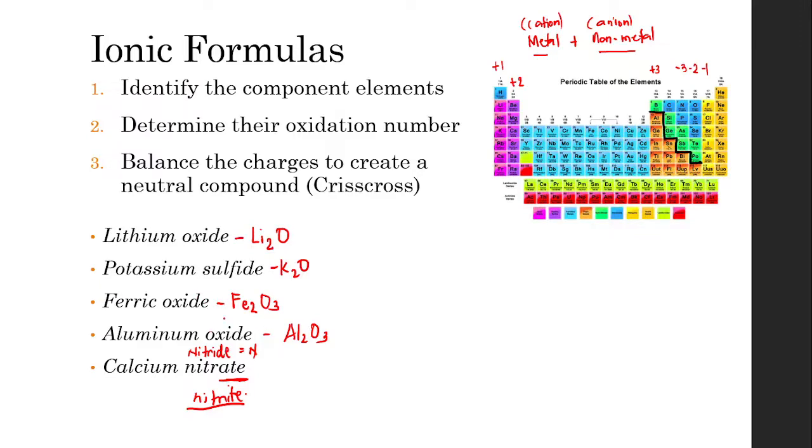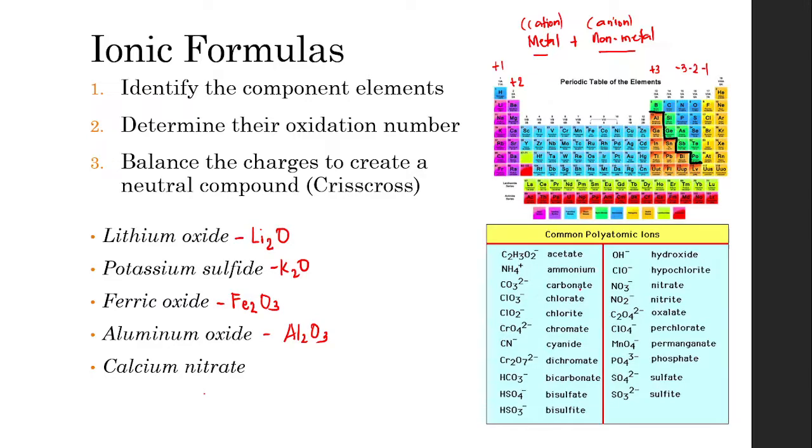Well, sadly, in order to know whether they are polyatomic ions, you have to memorize and be familiar with what the polyatomic ions are. So we need an idea of the common polyatomic ions, which in our situation here is nitrate, NO3 with 1 negative.